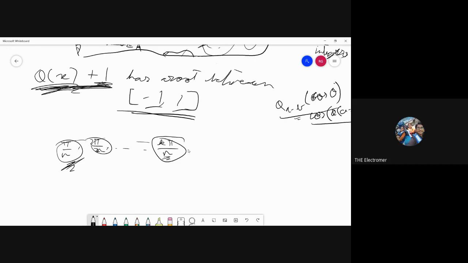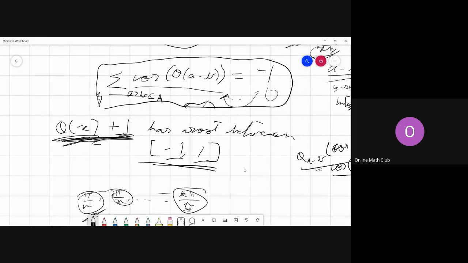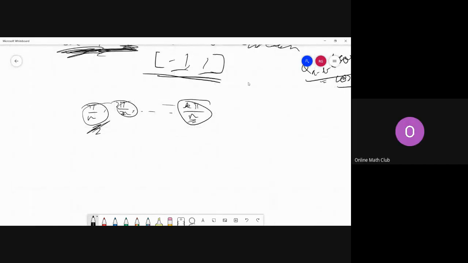But then we need the average to be 0 for q of x plus 1. I was thinking if we could fix a minus b to have a maximum.